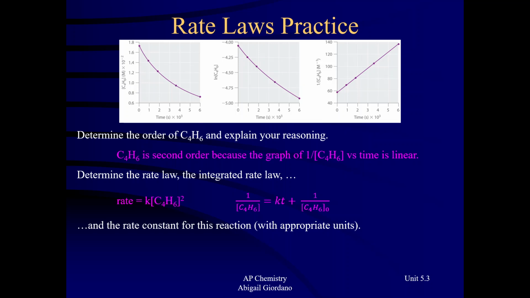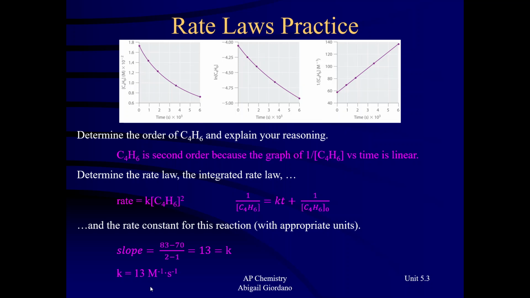So all I have to do is use that graph on the right to find the slope. I pick 2 points. You can pick any 2 points you want. Change in y over change in x. And I got a value right around 13.